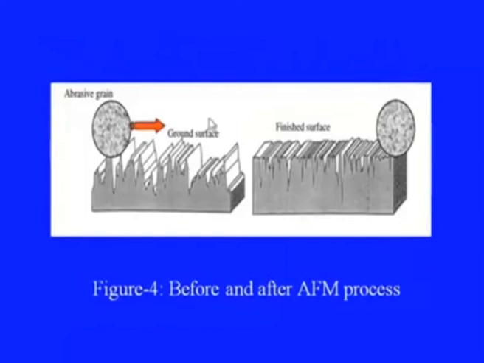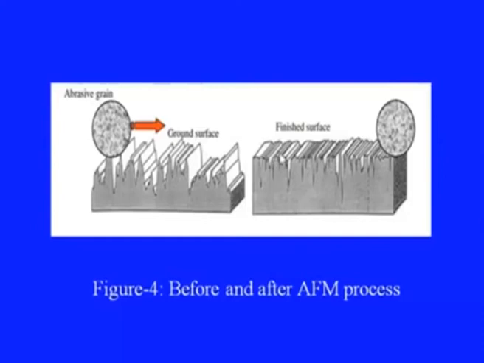Here we can see it in another form. So, we can think of these as abrasive particles, and these are some of the asperities. Schematically this is shown like this, and while pushing through, these abrasive particles will remove some of these asperities either by cutting or by plastic deformation, and the resulting surface after some time would look like this.